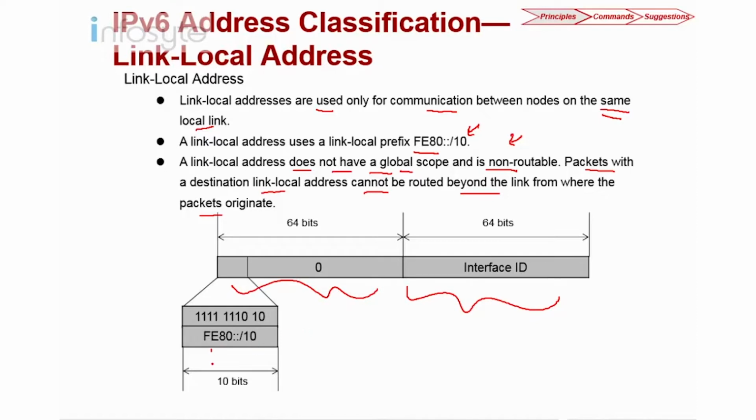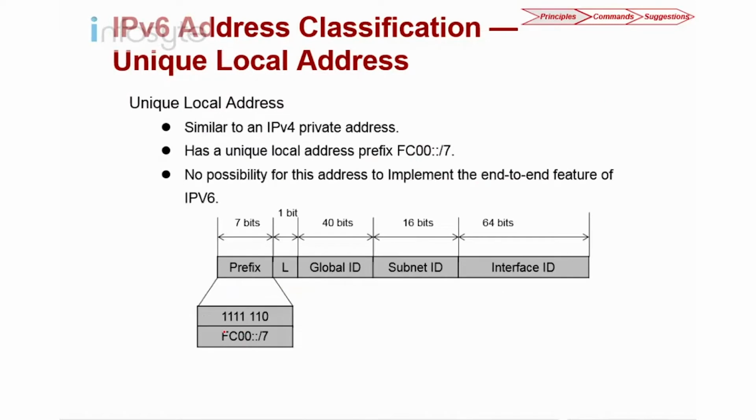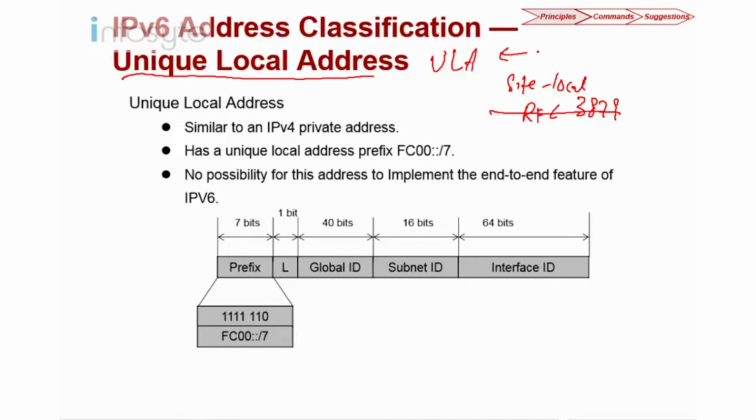So FE80 is link local. Next we have the unique local address, or ULA. Previously we had what we call the site local, which was under RFC 3879, but this has been deprecated. It is now replaced by the unique local address, which is under RFC 4193.